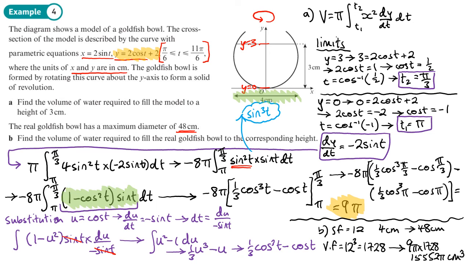Now you could change that to a decimal, but there's no reason you couldn't leave your answer as an exact multiple of pi. So in that part of the question we used what we know about scale factors and volume factors as well. So you should now be able to do exercise 4D on pages 88 to 89 of the textbook.